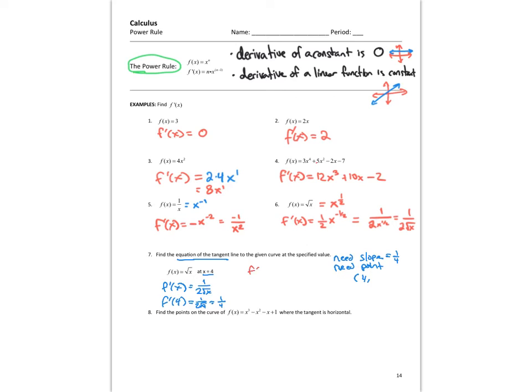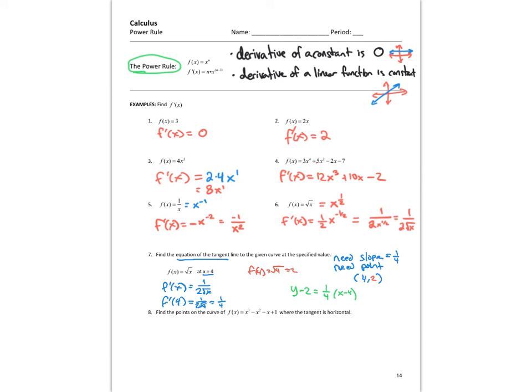So I'll go f of 4 equals square root of 4 equals 2. So my point is 4 comma 2. And now I have all my information for the tangent line. So we'll go y minus 2 equals 1/4 times x minus 4.